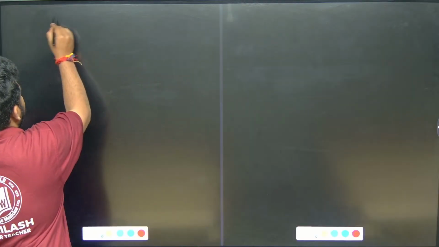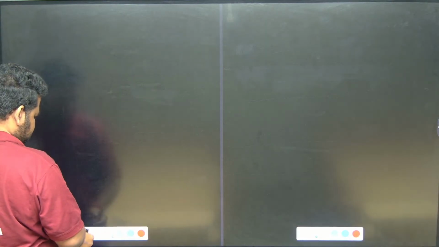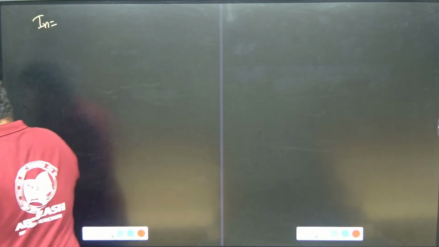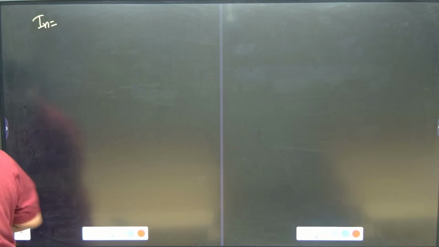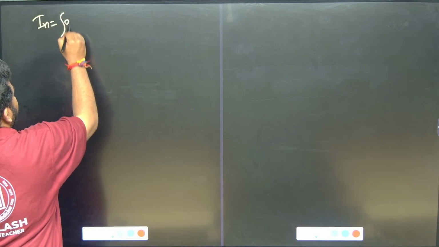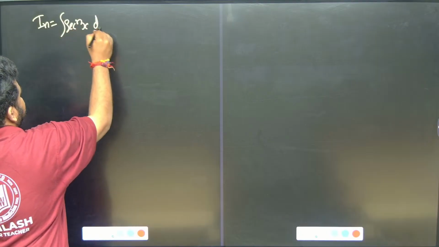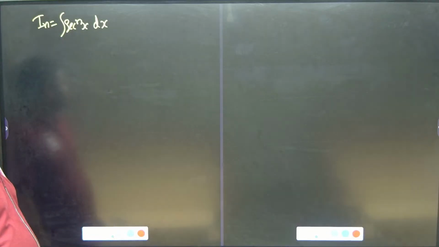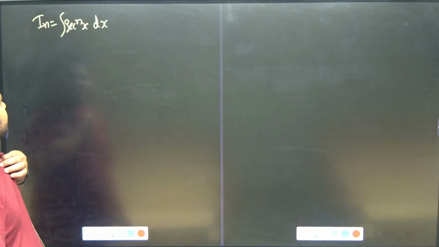So see here, they are asking I of n is equal to the integral of secant nx dx. Integral of secant nx dx. This is the thing that they are asking.